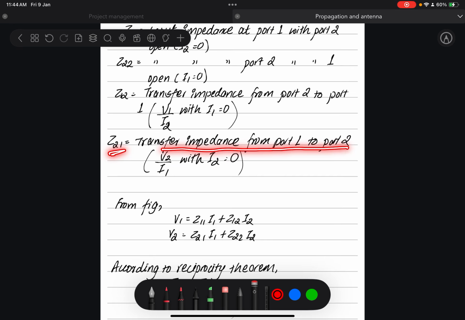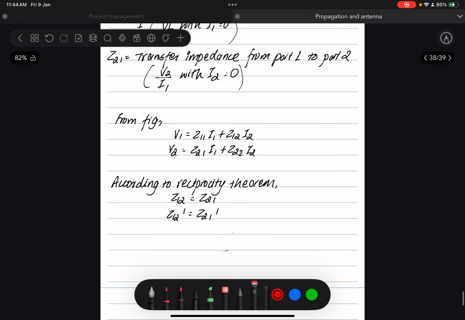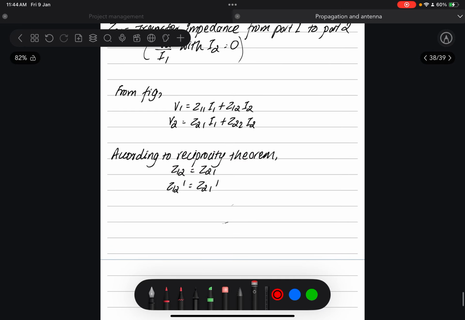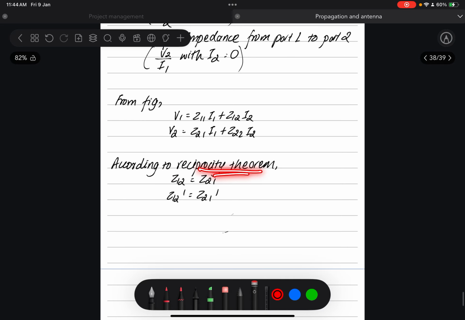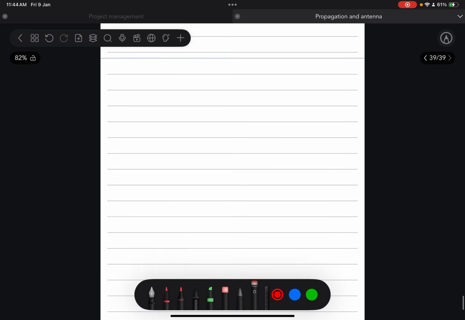Z21 is the transfer impedance from port 1 to port 2, considering V2 upon I1 with I2 equal to 0. I have just mentioned this, and according to the reciprocity theorem, Z12 and Z21 should be equal. So that's it for this video.